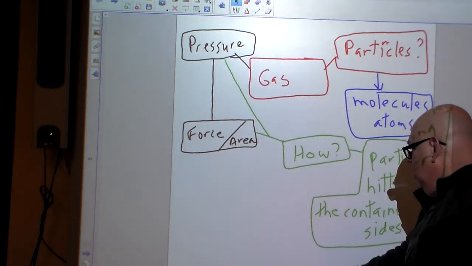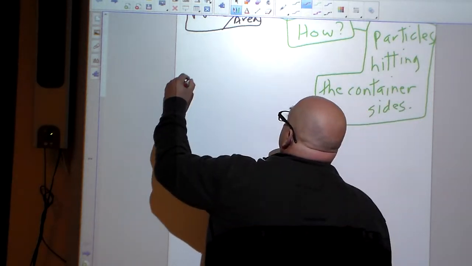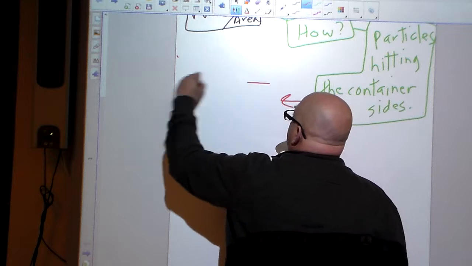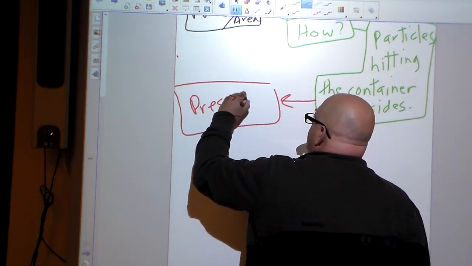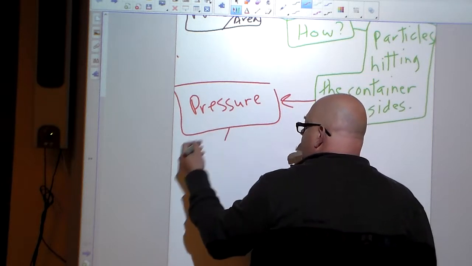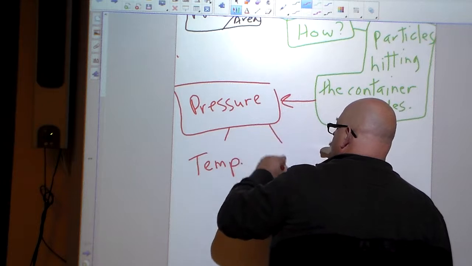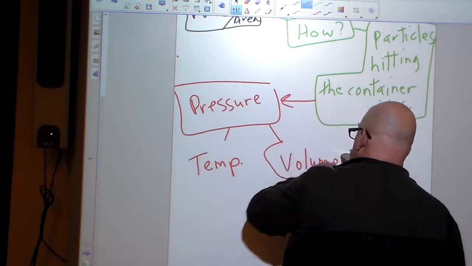Now, let's bring down the pressure again. With that, we know this is what happens with pressure. In the pressure, there is also temperature. There's also volume.